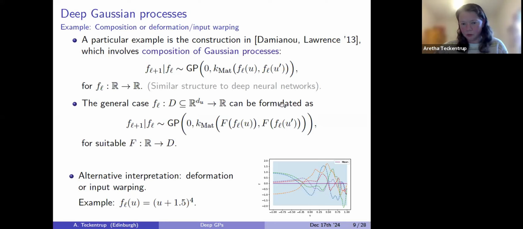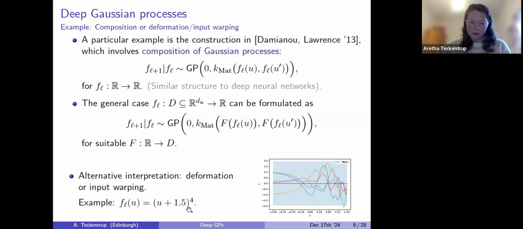The way you get non-stationarity here is that, in the original input domain, if you have two points u and u prime, you can either push them artificially closer together using the transformation FL, which would give you larger correlation, or push them further apart with FL, which would give you less correlation. And that's where the input warping aspect comes from.